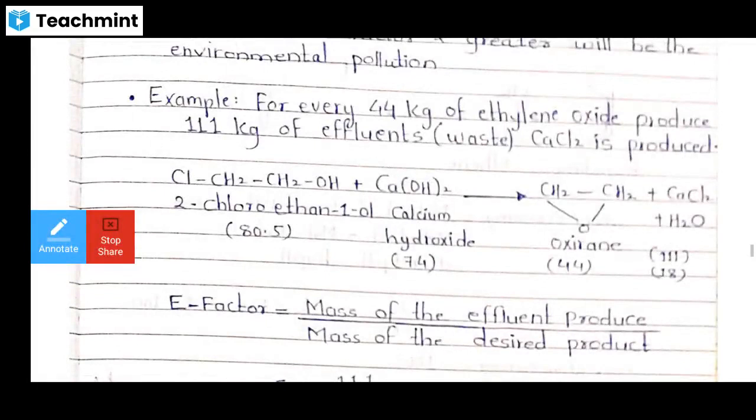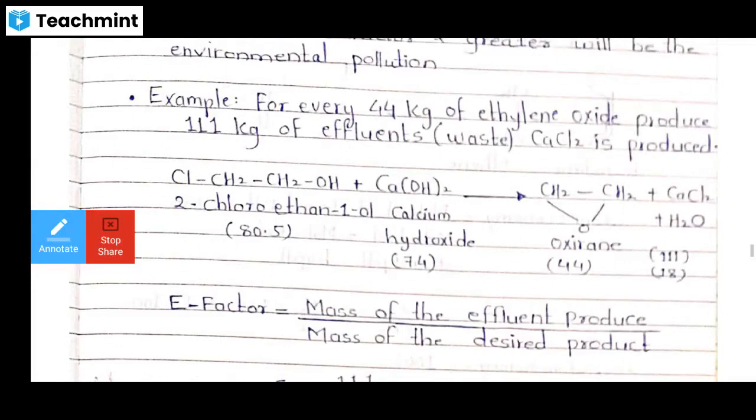Here is one example, the best example. For every 44 kg of ethylene oxide, the reactants in the reaction are 1-chloroethan-2-ol and calcium hydroxide.